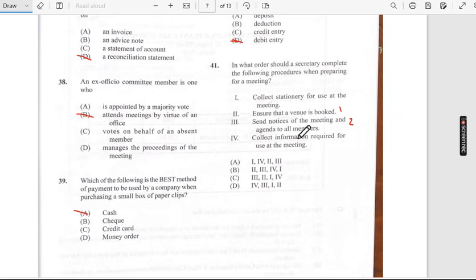And then you would have to collect information, and after you collect information, then you would have to collect stationery for the use of the meeting. So the answer for this one would be 2 3 4 1. Alright, 2 3 4 1. So the answer would be B for number 41.